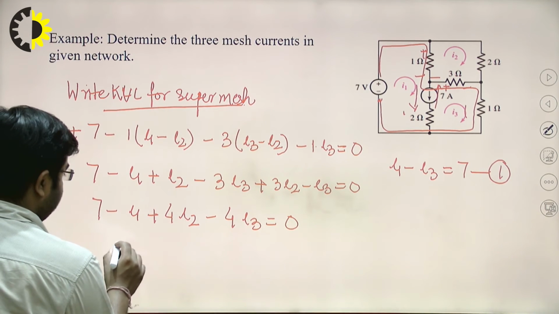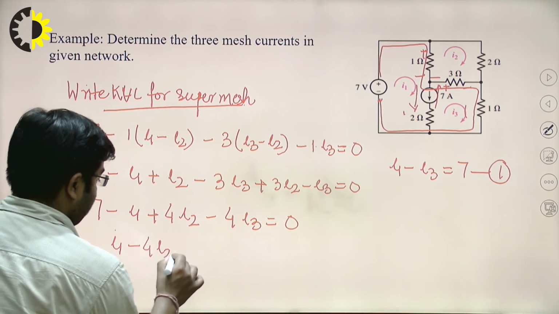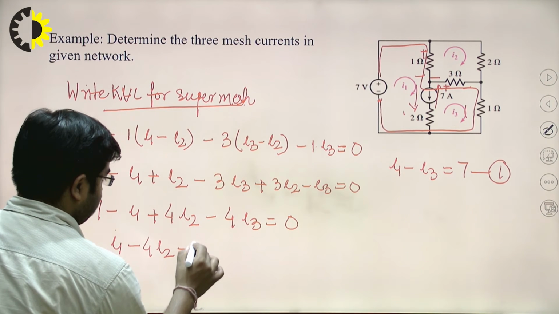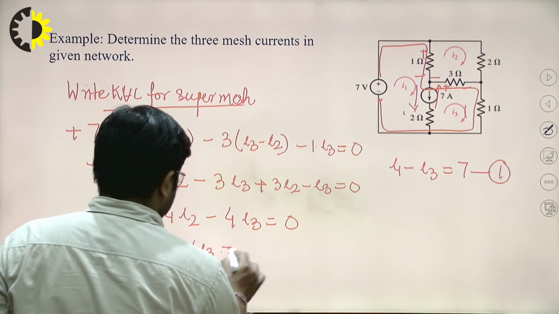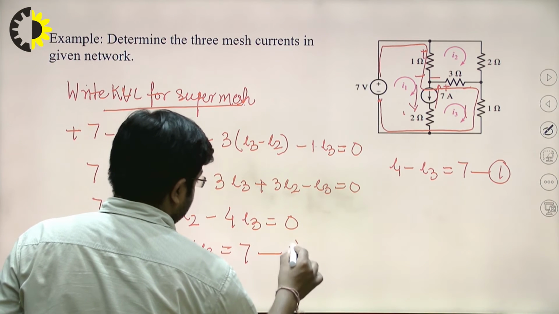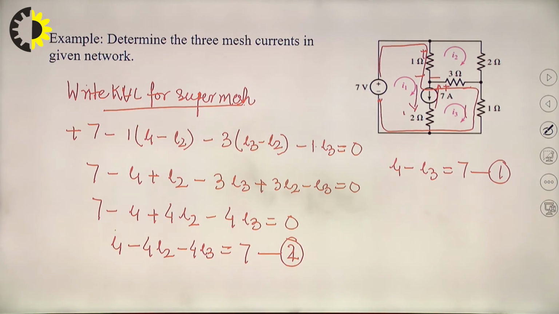So you can write I1 minus 4I2 plus 4I3 is equal to 7. So this is equation number 2. Now you have equation number 1, you have equation number 2.